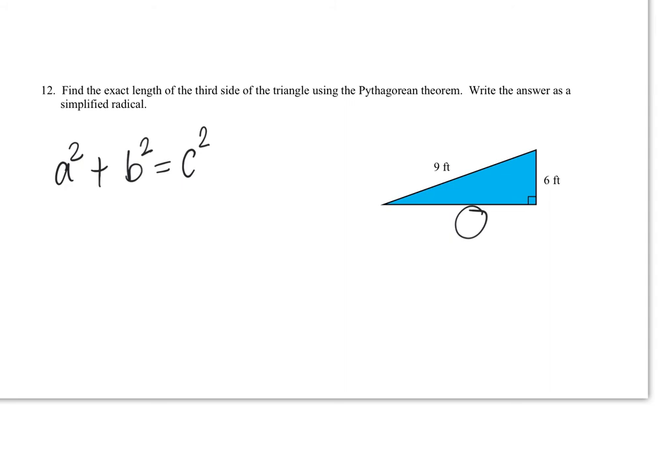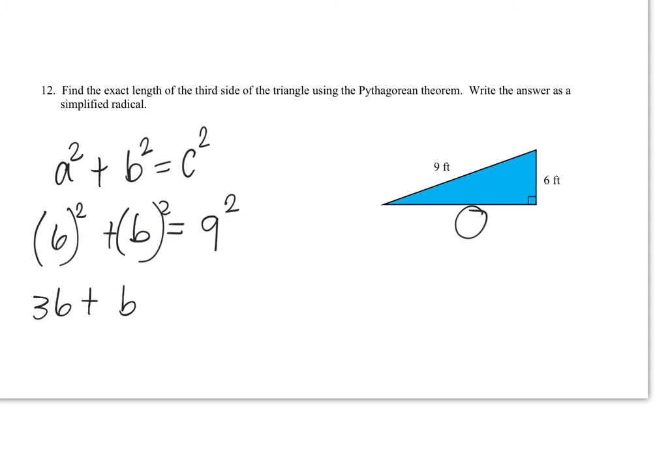So I know that 6 squared plus b squared equals 9 squared. I don't know what b is, okay? So let's see, 36 plus b squared equals 81.